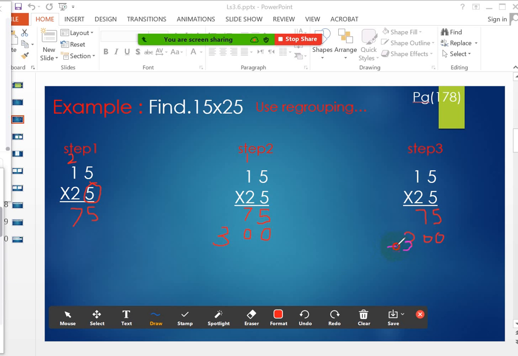If you add the numbers, let's see now, it will be what? 5 plus 0 equals 5. 7 plus 0 equals 7, and there is nothing here, so I will write 3 and take it and put it down. So the answer is 375.